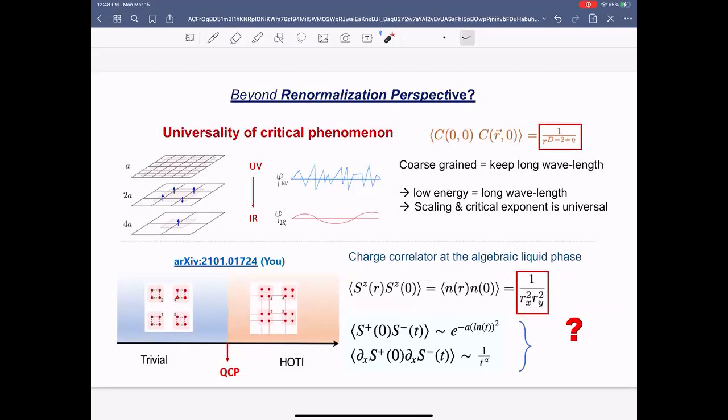In addition, if we look into the magnon correlation function in both the temporal and spatial directions, they have short-range correlation. However, if we look into a higher order spatial derivative of the magnon operator, which is more like a dipole magnon operator, it decays in a power law manner.